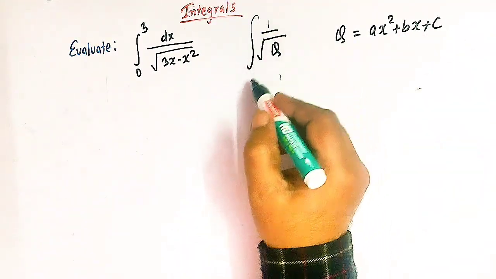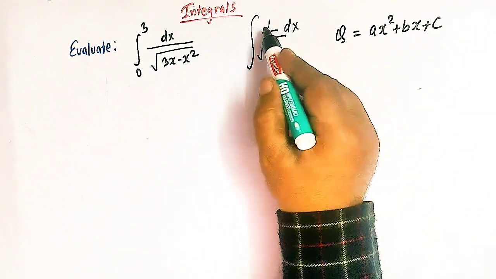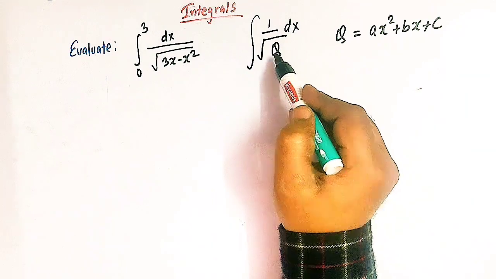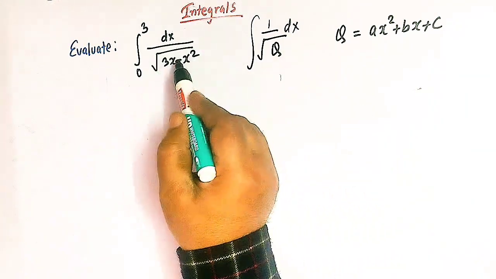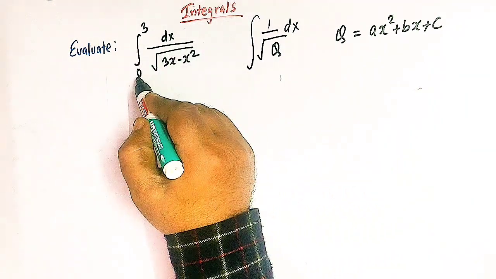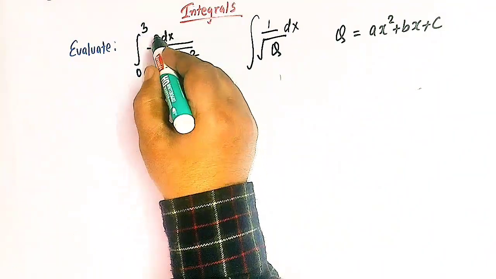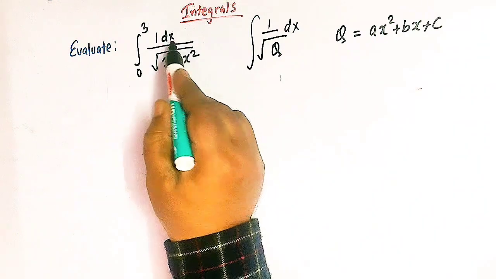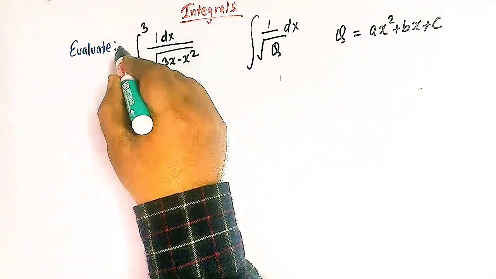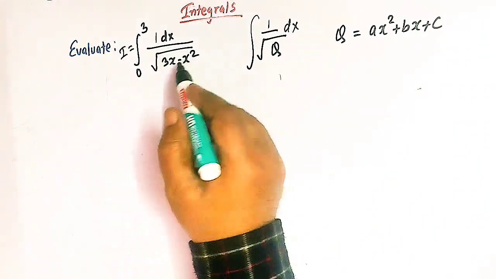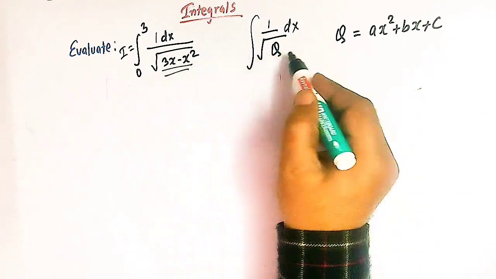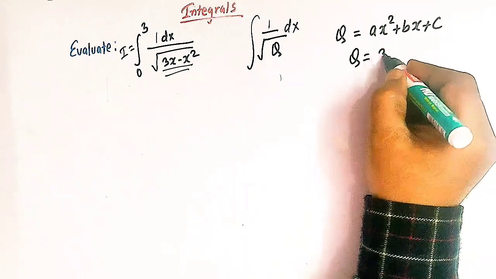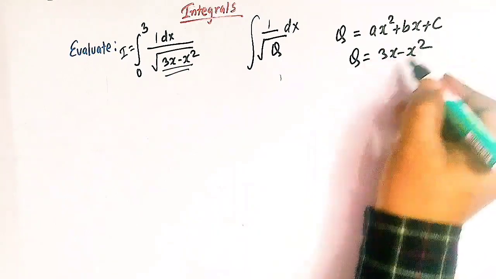So here we have the integrand of the form 1 over square root of q. So now here we see that we have the integral from 0 to 3, and here we have 1 over square root of 3x minus x square dx. So let us call this integral as I, and here the quadratic polynomial is given by 3x minus x square, right?